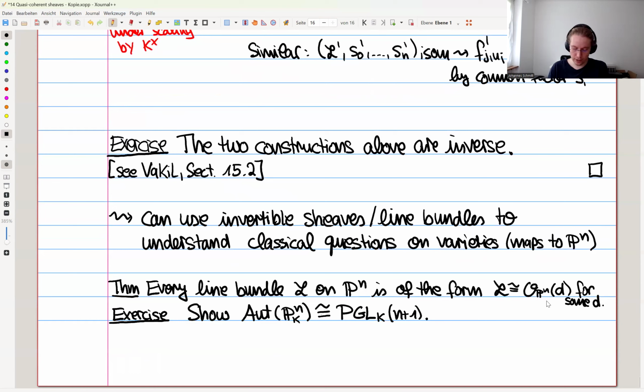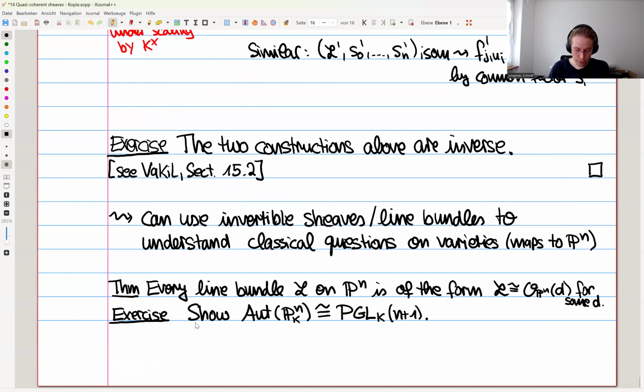So we have fully understood what all the line bundles there can do. And then this can be applied to the question of what are the maps from projective space to itself. In particular, what are the isomorphisms from projective space to itself? Because they must be given by the choice of a line bundle and these n+1 sections.